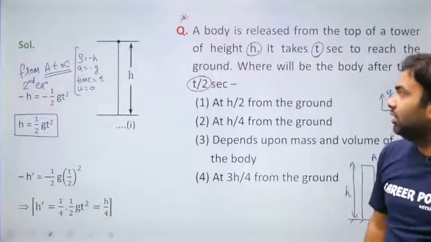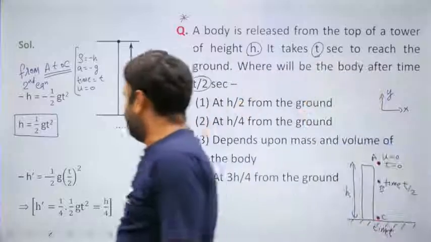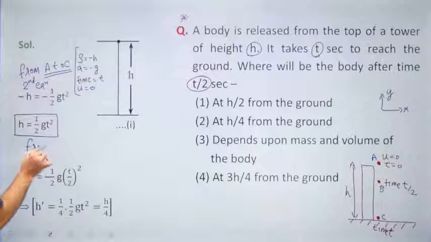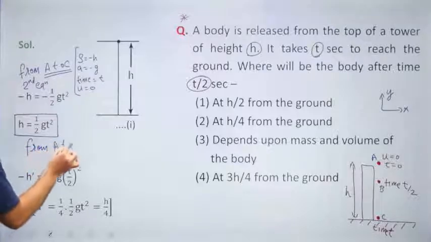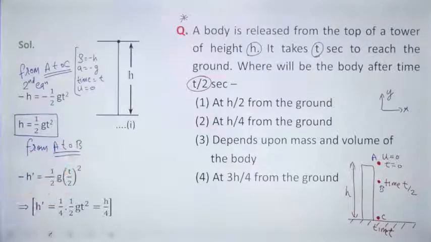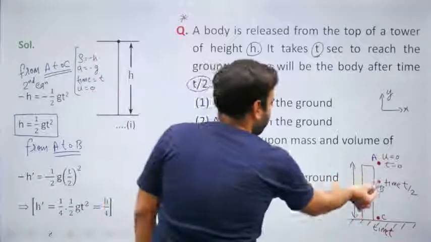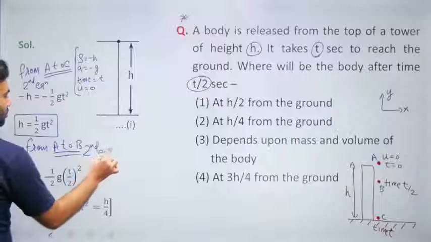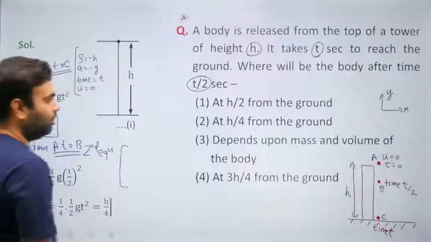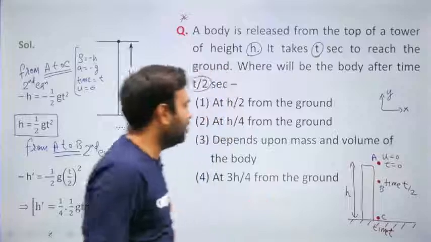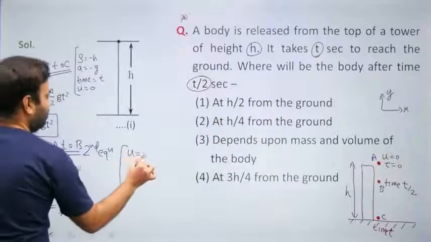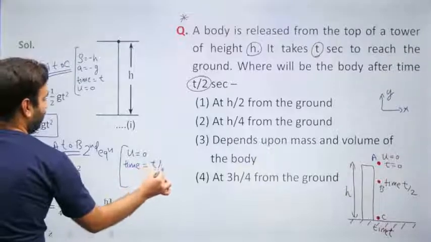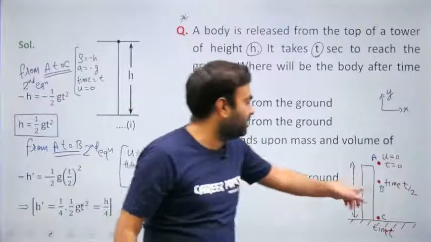Now see what we are going to do. We are going to apply the second equation of motion from point A to B. What are the parameters? From point A to B, again initial velocity is 0, time taken is t by 2, because it is asking its location at t by 2 seconds.